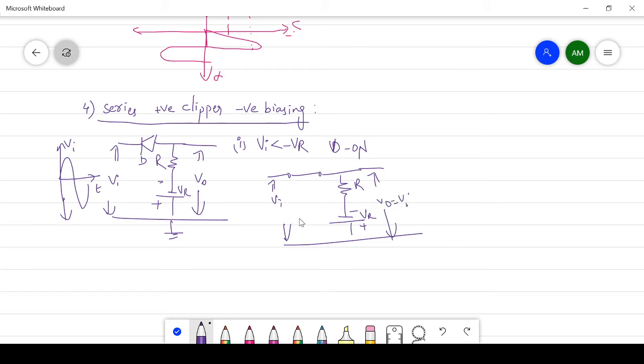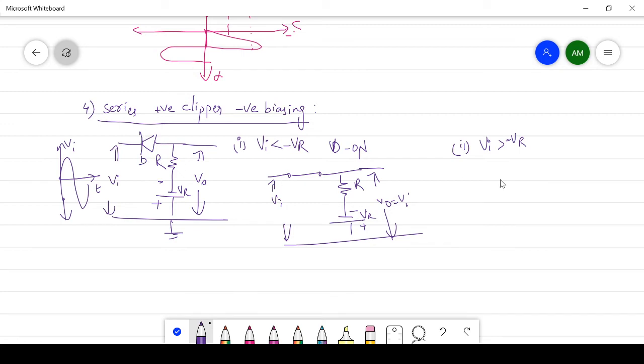Okay, and the second condition is what here? When Vi is greater than negative reference voltage, minus Vr, then the cathode of the diode gets a higher voltage, that is above the reference voltage is given to the diode, then this diode becomes a reverse biasing condition.